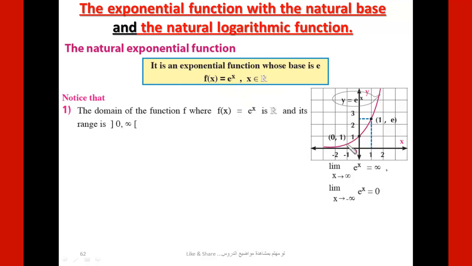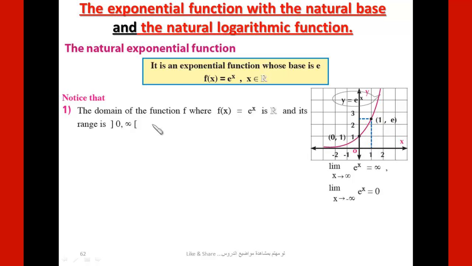So we have the point (0, 1), and when you substitute x equals 1, we have the point (1, e). F of 1 equals e power 1, which equals e. So we have these 2 points, (0, 1) and (1, e). And this is the curve of the exponential function.